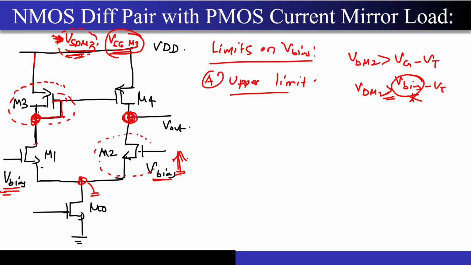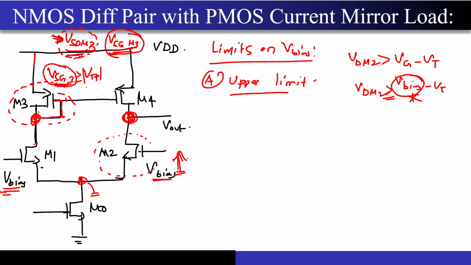If this is getting difficult, just let me know, because this is very important. The books will not explain why VSG3 was taken and why VSD3 was not taken. This is extremely important, and let's see which is the stronger condition. For VSG, I have to make sure that it is greater than or equal to mod VTP.